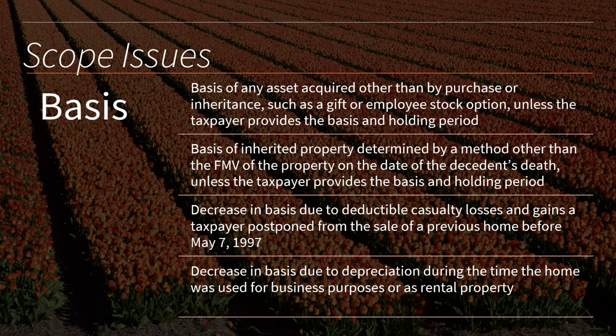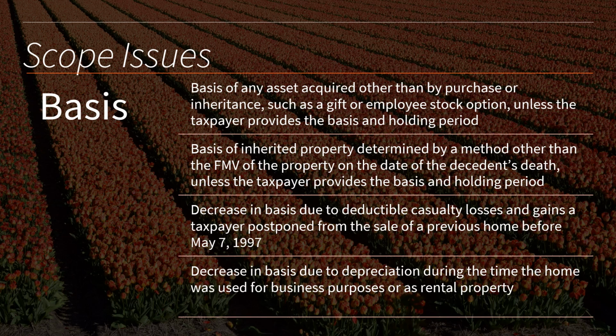The basis of an inherited property that was determined by a method other than the fair market value of the property on the date of the decedent's death. Again, unless the taxpayer is providing us the basis and the holding period.